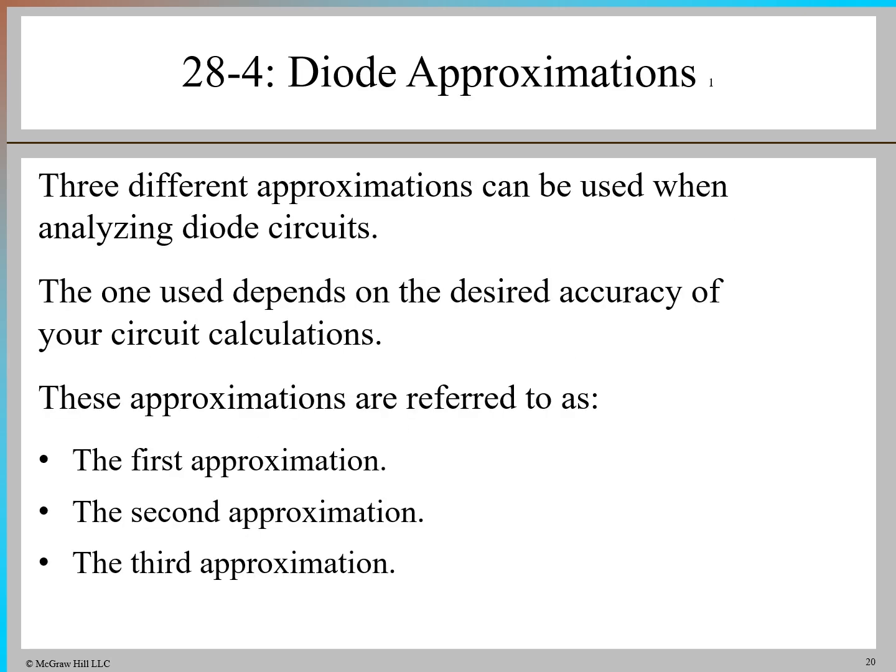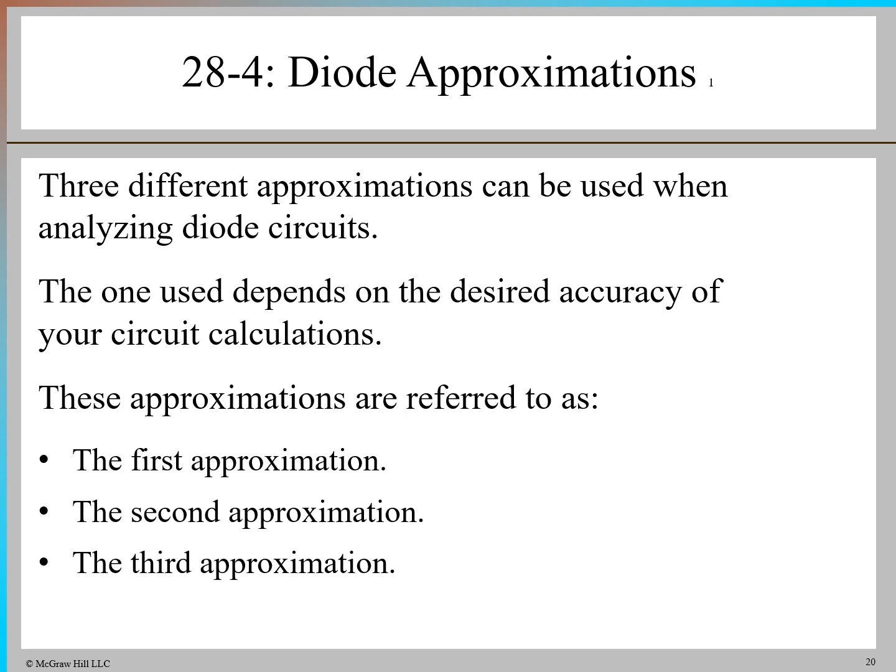When analyzing diode circuits, there are three different approximations we can use, depending on the level of accuracy needed for your calculations. The first approximation treats the diode as an ideal switch, which either acts as a perfect conductor when forward biased or an open circuit when reverse biased.